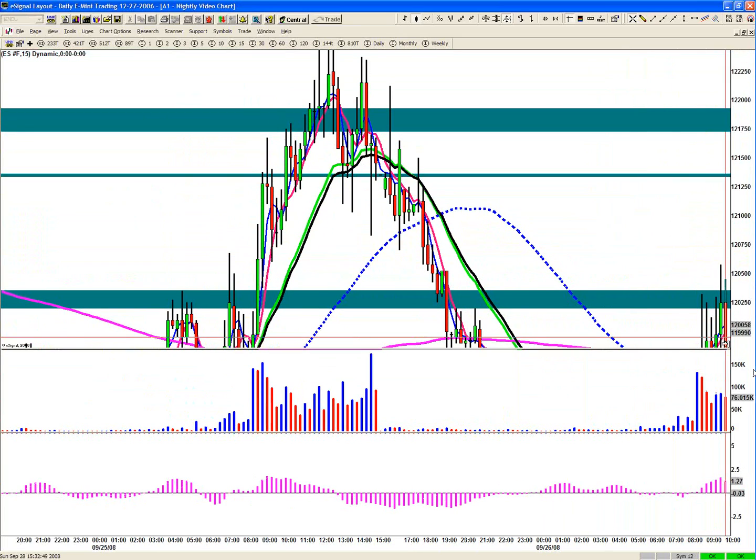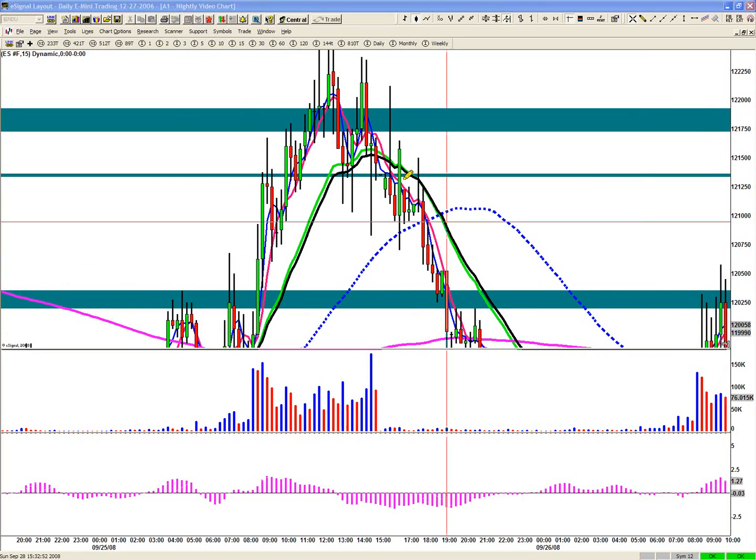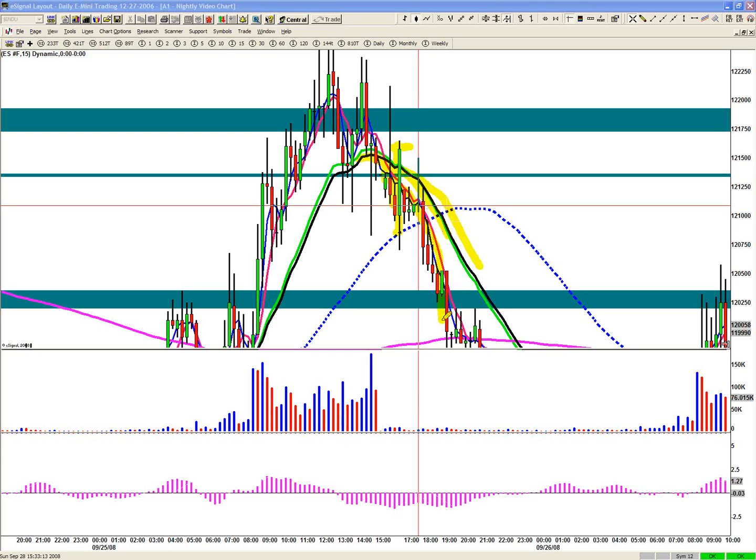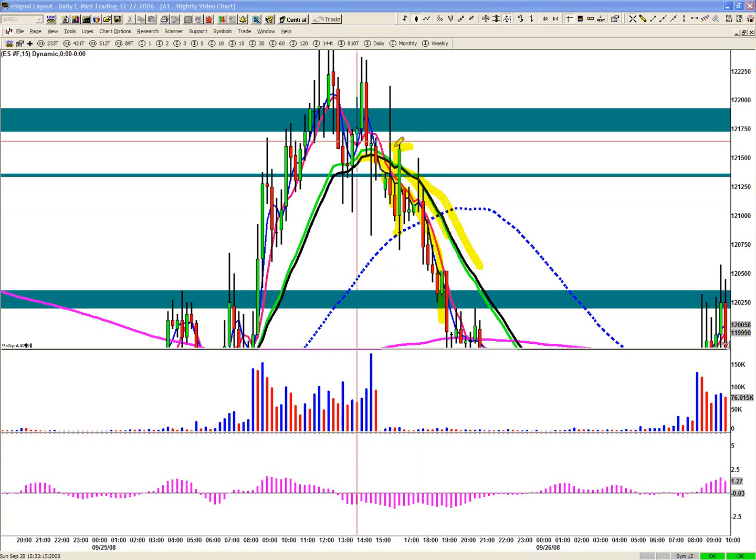So if you're scaling into a short right here, because you see that the trend is down, I'm going to exit that trade if all of a sudden I have a huge bar back to the upside that closes above my downtrending master support level, which in this case is the 20-period moving average. So even though this thing ultimately rolled back over and died, this right here tells me something fundamentally may have changed with the market.